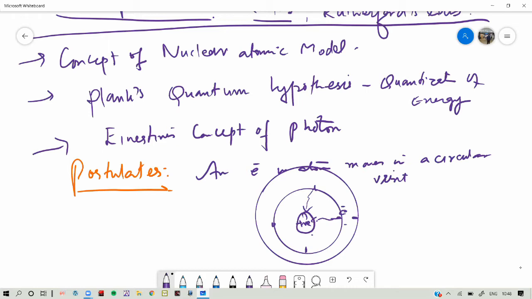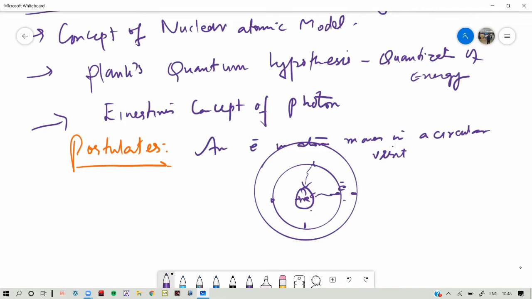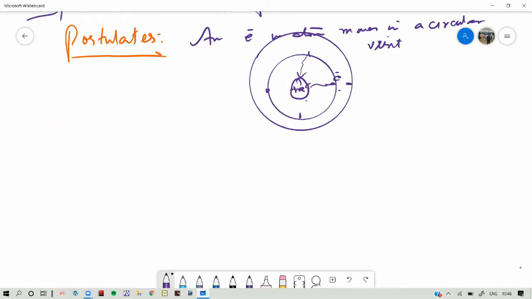Bohr used this concept in the first postulate, which came from classical mechanics, and the idea of a nucleus was proposed by Rutherford, so he used concepts from Rutherford's nuclear atom model.